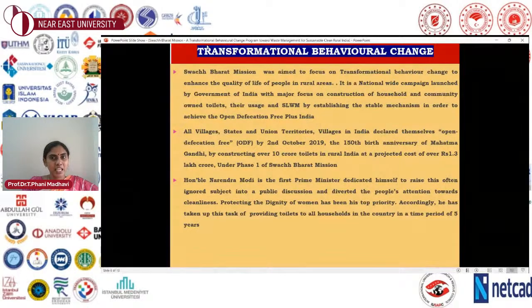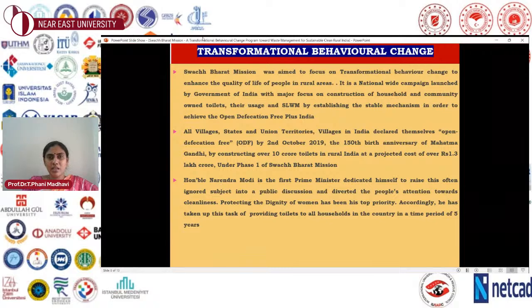So it is a nationwide campaign launched by the Government of India with a major focus on construction of household and community-owned toilets and how to use those toilets, and solid and liquid waste management by establishing a stable mechanism in order to achieve an open defecation free India.